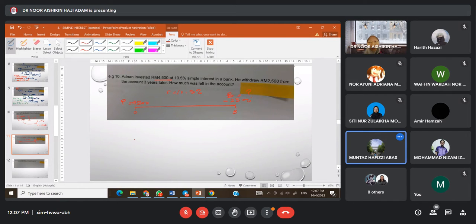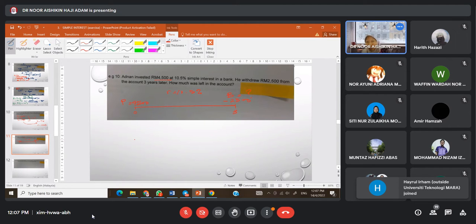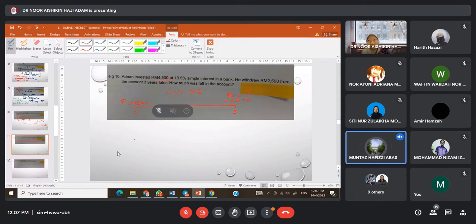Or find S. I'm not saying it's wrong. I'm just asking you, why? Because you have R, you have T, and you have P. Yeah, so you can find I. And what can you do with I? Add it to P to find S. Correct. In other words, you want to find S.